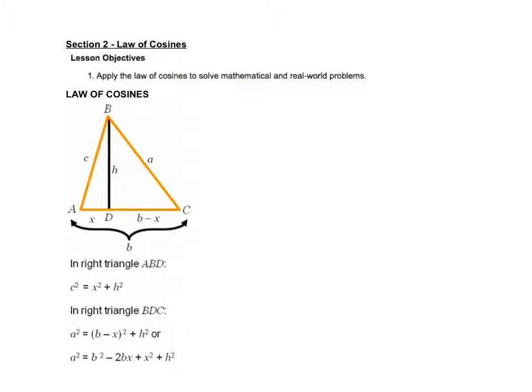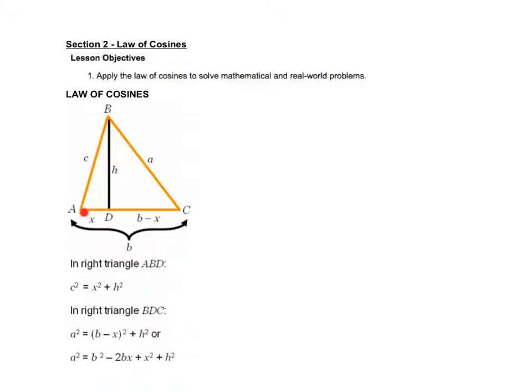So what I want to look at here is we have this triangle ABC. And again, we want to figure out all the measurements of a triangle. In this triangle we have angles A, B, and C, and side lengths C, A, and B. Now what we did is we created this line here called H, which is the height of our triangle.